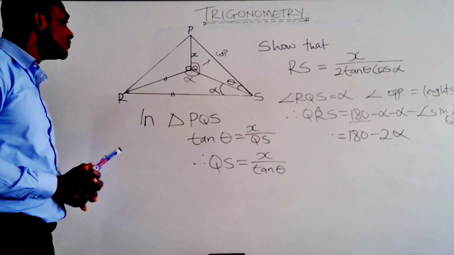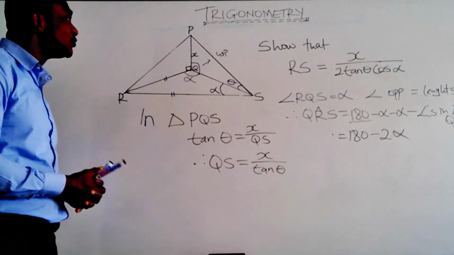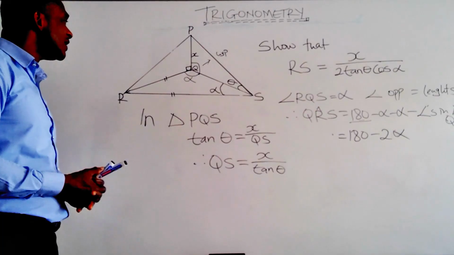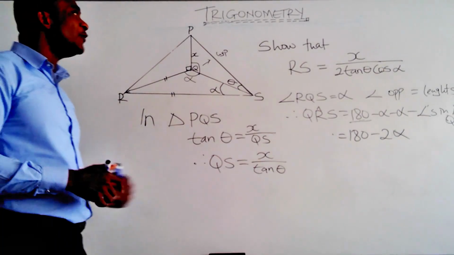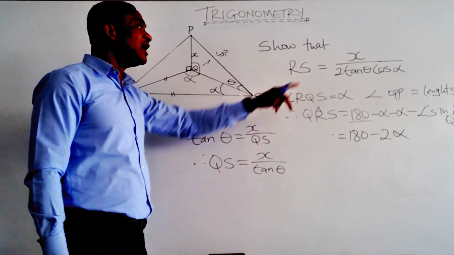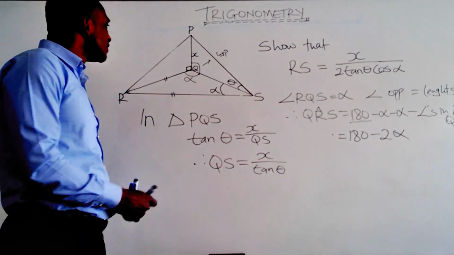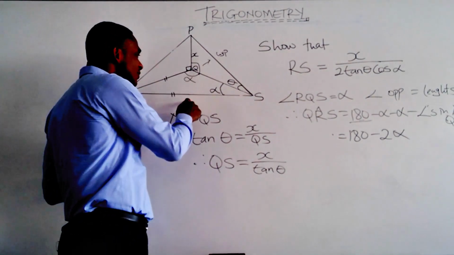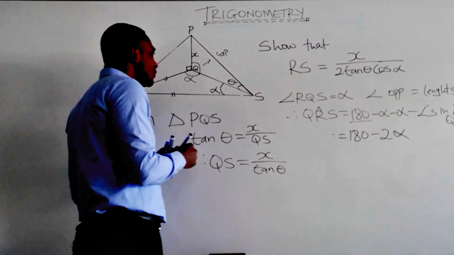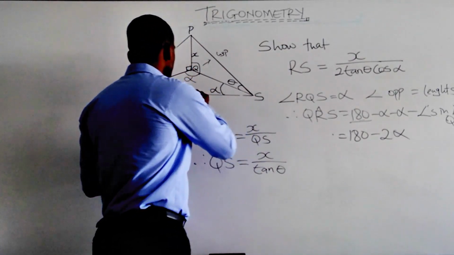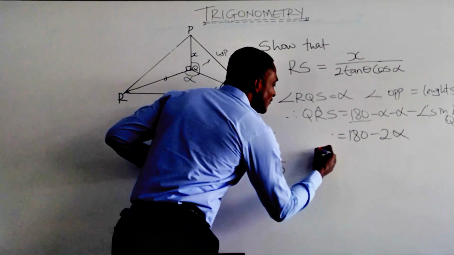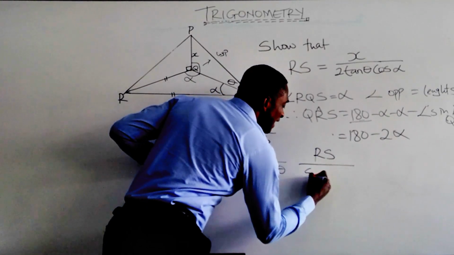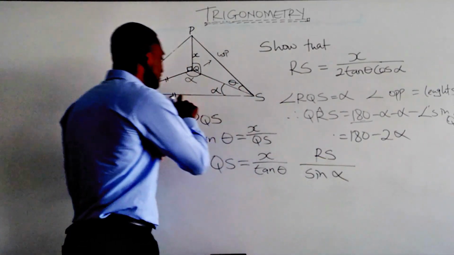Now let's use sine rule. We can use cosine rule, but it becomes a little bit more complex. Let's use sine rule, having in mind that we need our RS, so the angle facing the length is what we went with. So here for sine rule, we have RS over sine of the angle facing the length.